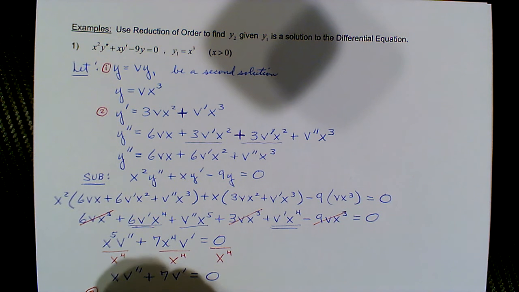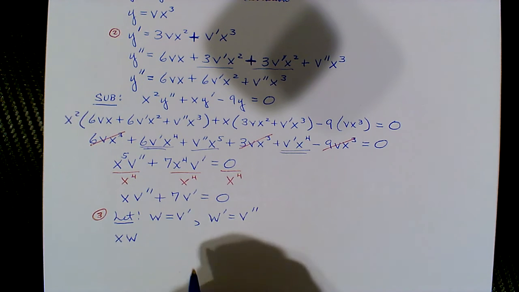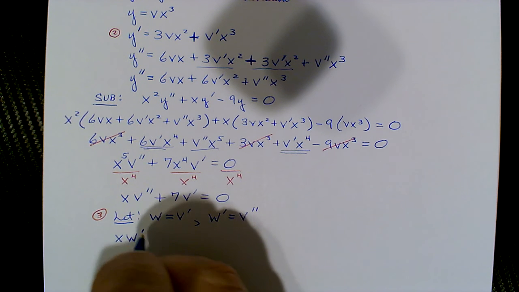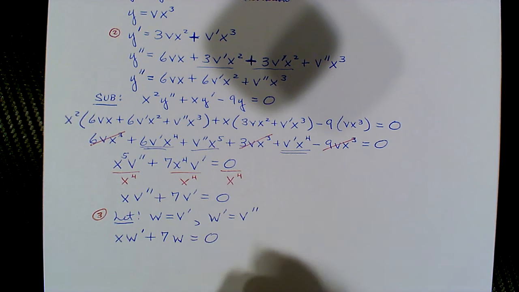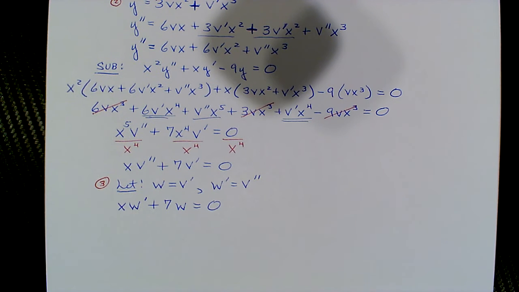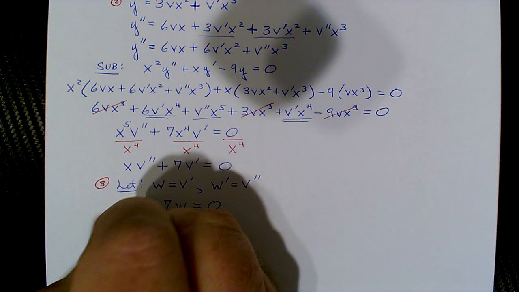But now we're going to let w equal v prime, which means that w prime is v double prime. So we now have x w prime plus 7w is equal to 0. And the order's been reduced. That is, it was second order, now it's first order.